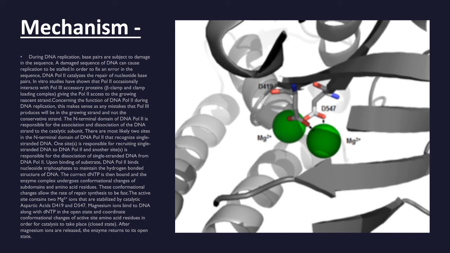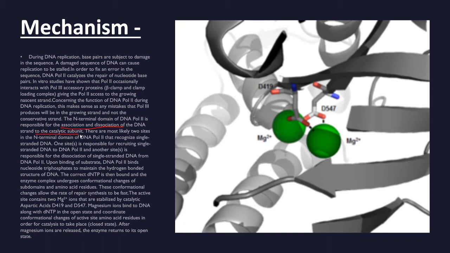Concerning the function of Pol2 during DNA replication, it makes sense as any mistake that Pol3 produces will be in the growing strand, not the conservative strand. The N-terminal domain of Pol2 is responsible for the association and dissociation of the DNA strand to the catalytic subunit.